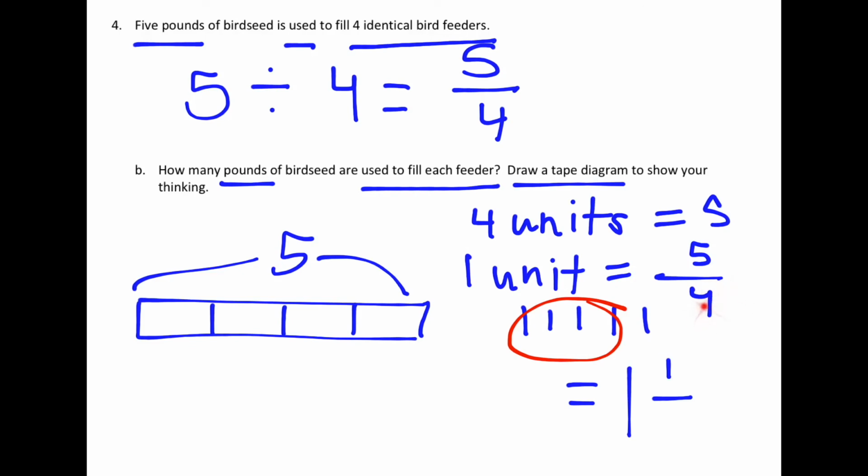So what's my denominator going to be? 4. So in each of these units is 1 1/4. Do you guys believe me? I don't know. Let's go ahead and see how this pans out.